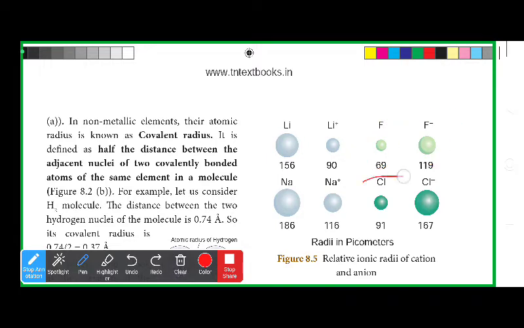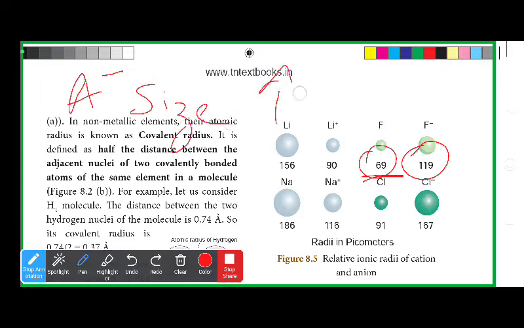Whereas this is fluorine, it has become F minus. Can you see the atomic radii? From 69 it has increased to 119. So anion size increases because it has taken one electron. It will be difficult for it to accommodate. On a bench only 3 of them can sit, but if a fourth one comes and sits, they have to adjust and sit, but still it is able to take it.